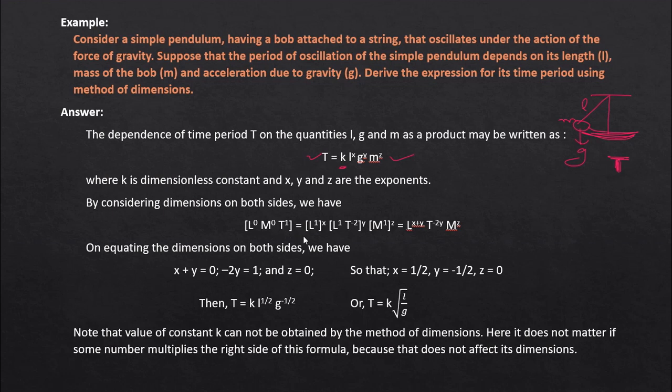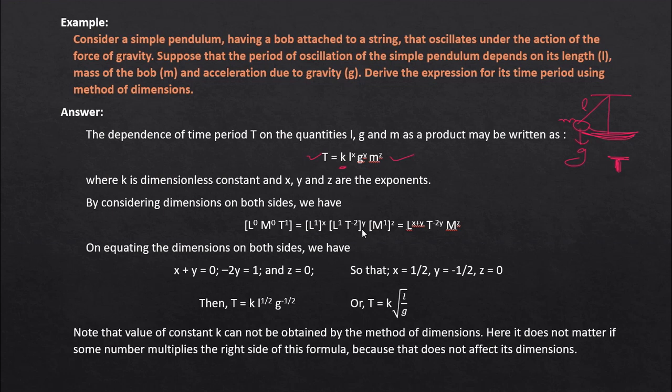Now what is the dimension of the right hand side? K doesn't have any dimension because it's a constant, a dimensionless quantity. L has the dimension L, length, to the power x. G has the dimension of acceleration, that is LT minus 2, to the power y.